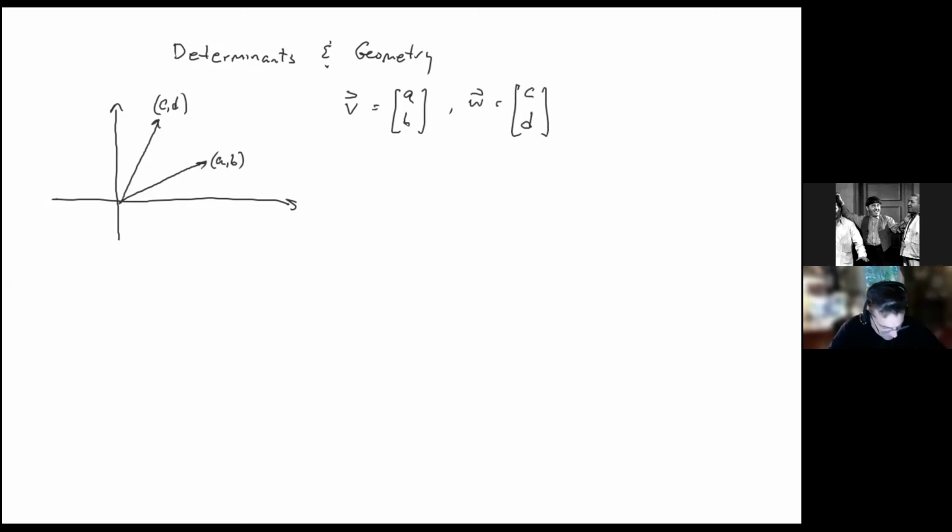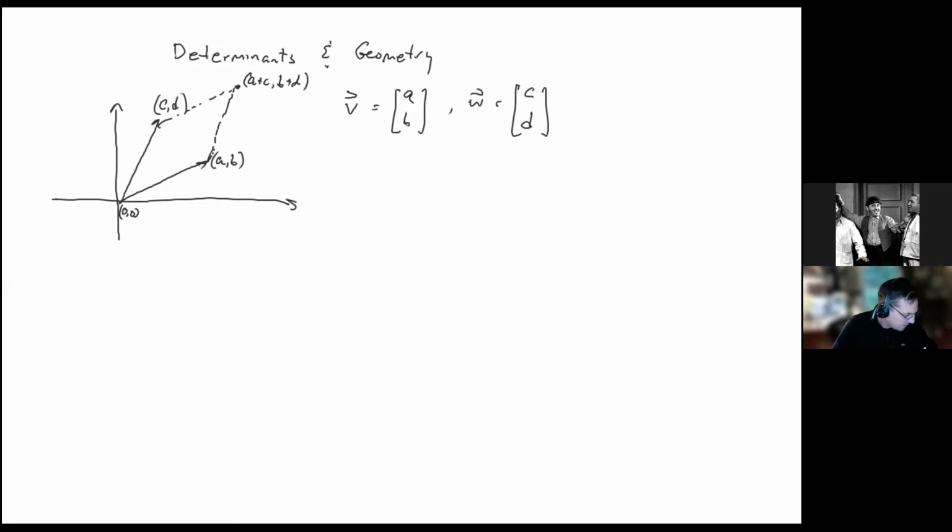And so the vectors V and W determine a parallelogram, which looks like this, where the only unnamed vertex is the point (A plus C, B plus D), as you can see by doing vector addition.